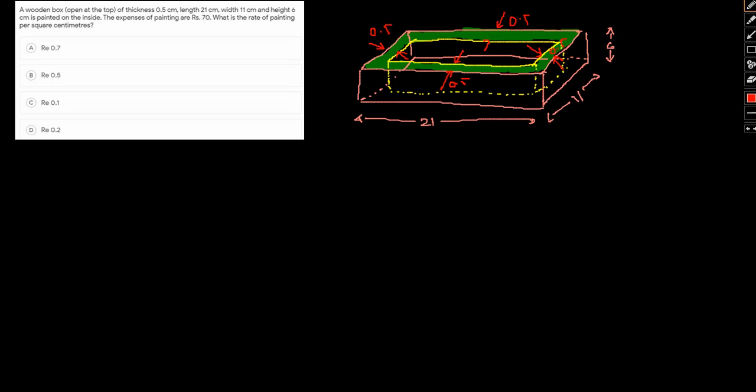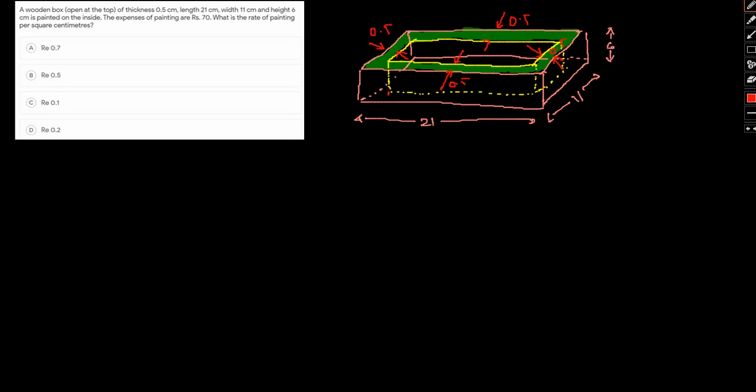Okay, the thickness is given 0.5. Now notice something, the thickness is only affecting the length and the breadth. Thickness isn't essentially affecting the height, so the height will remain unaffected by the thickness, but length and breadth will actually get reduced.